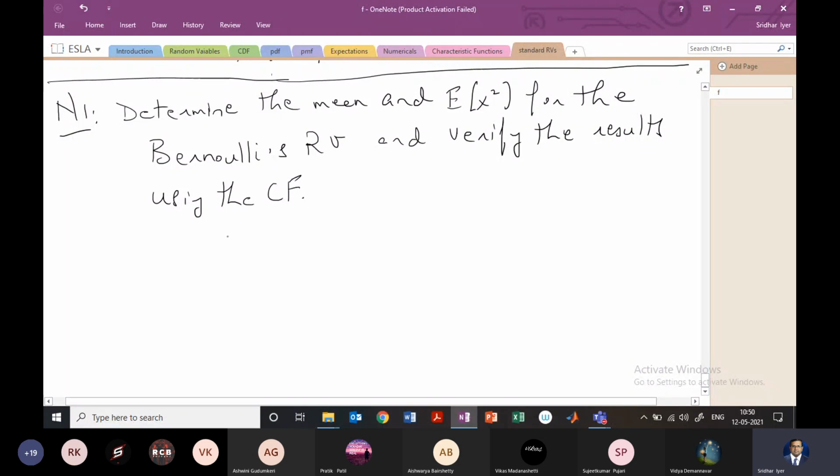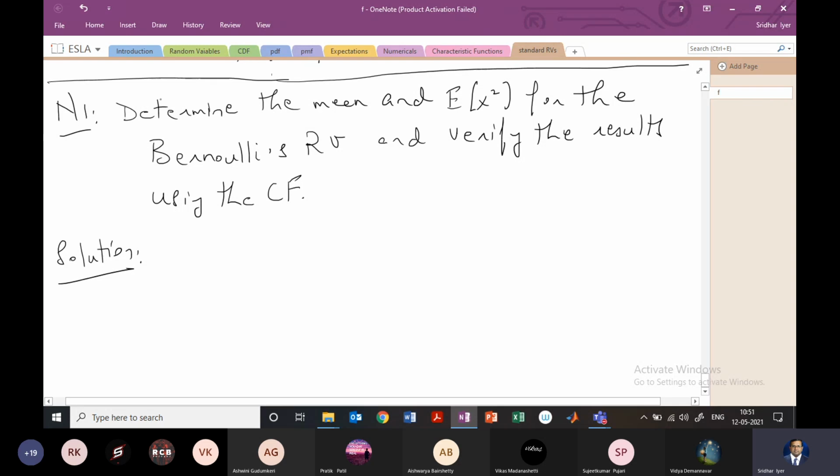Like I told you before, you can also use the characteristic function to find the mean and the variance value. For the mean, you have to take the characteristic function, find its first derivative, and substitute omega equal to 0. Problems based on that we are going to do, and we'll see that the exponential random variable and uniform random variable, for which we have done all these parameters, can also be derived using the characteristic function. So that is exactly what the question is.